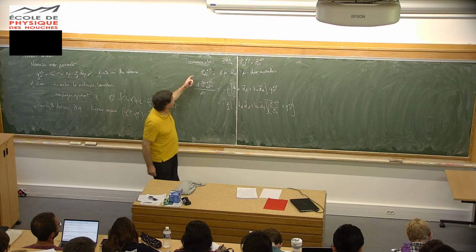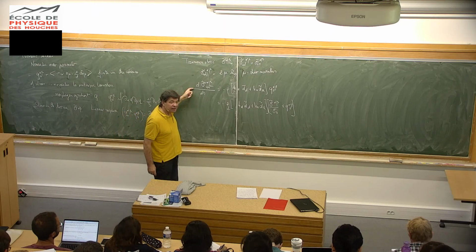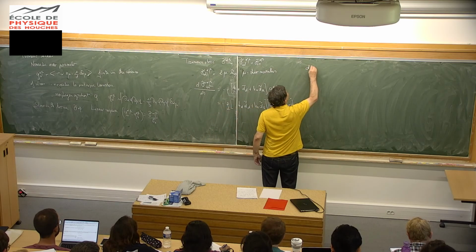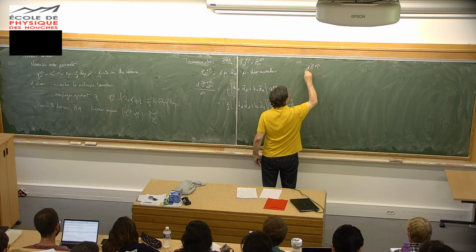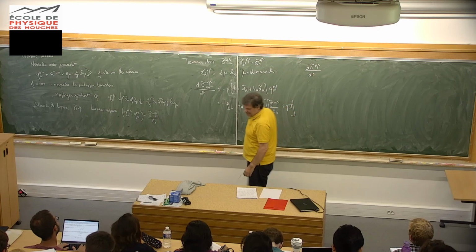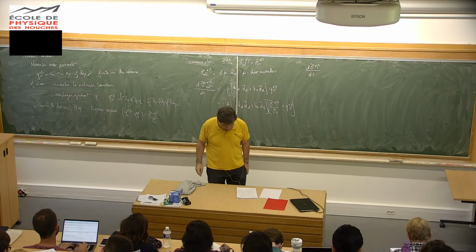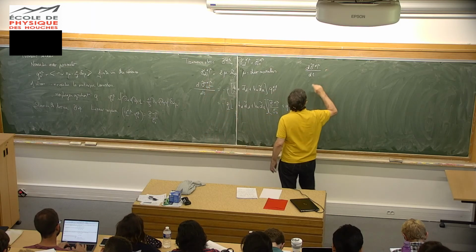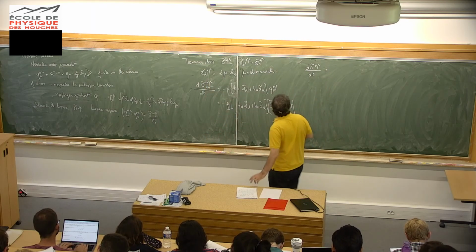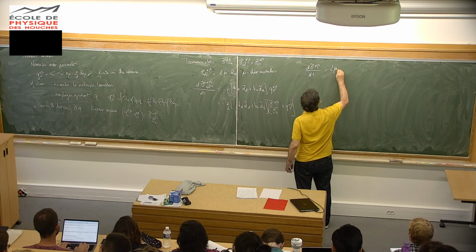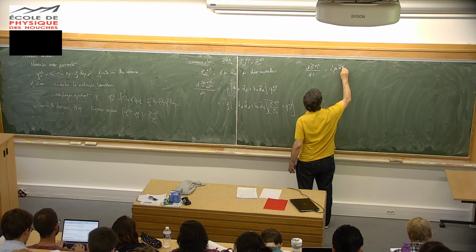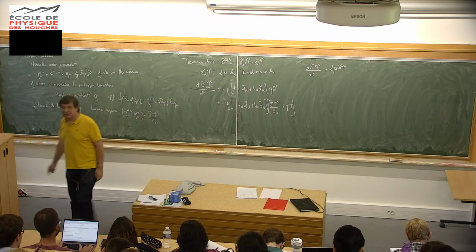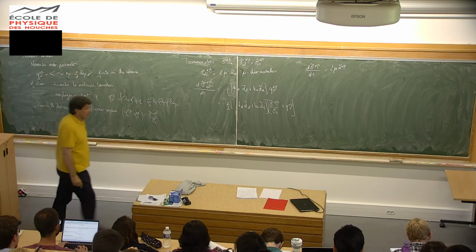Now if I take the derivative of this one, and I add the two equations, I write d sigma alpha beta dt, and then I have a term which is 2 mu times the time derivative of the deformation, which is the shear rate tensor, or the velocity gradient tensor.